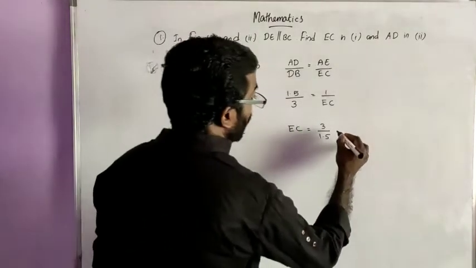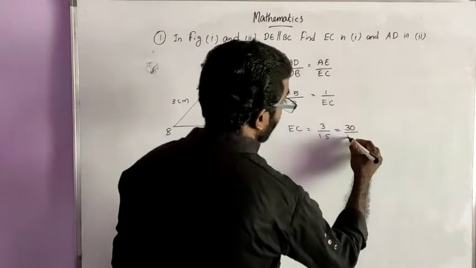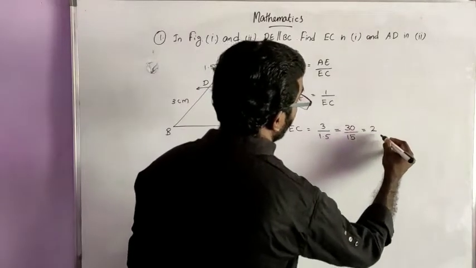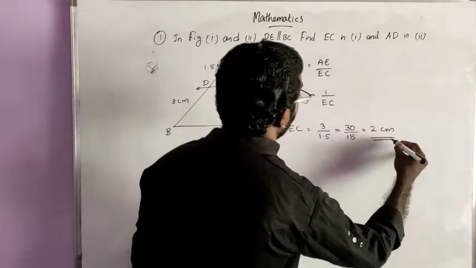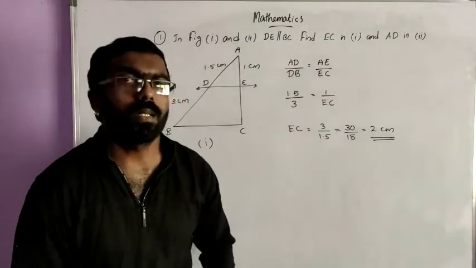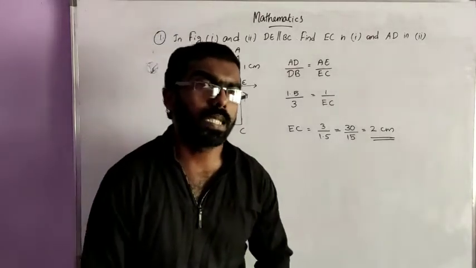Here we can multiply both numerator and denominator by 10, so 30 by 15, which is equal to 2. So EC is equal to 2 centimeter. The second sub-question is a similar one that you can do yourself. Do it as homework.